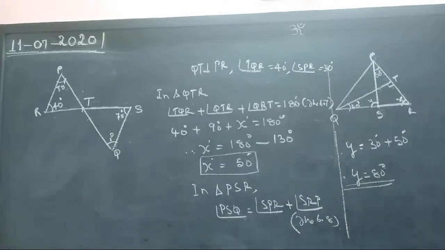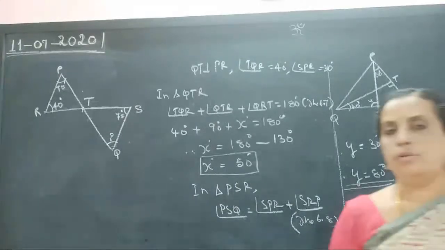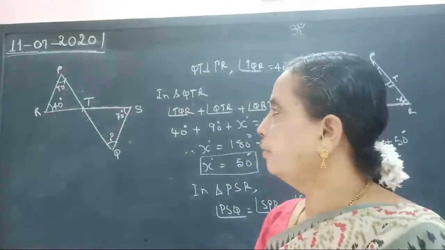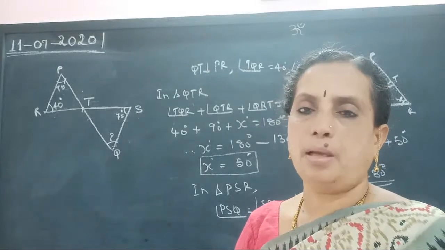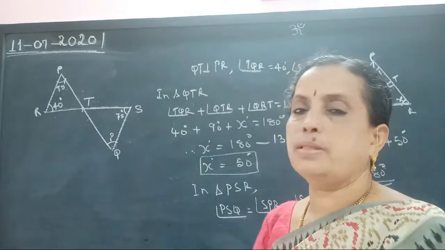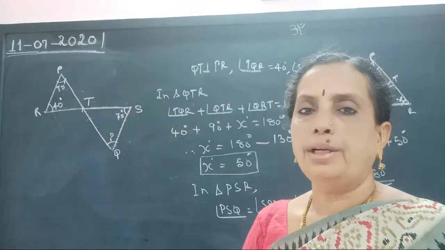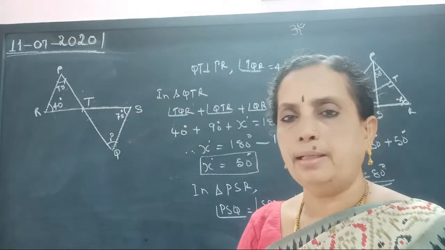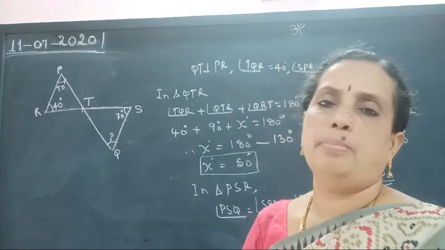So here, to get the answer, first you should apply angle sum property. Then theorem 6.1, vertically opposite angle. Again angle sum property.